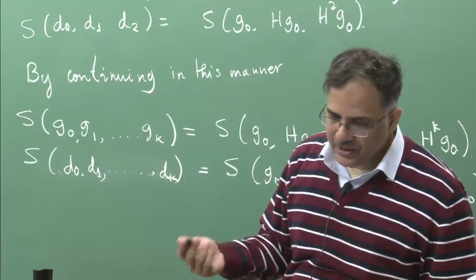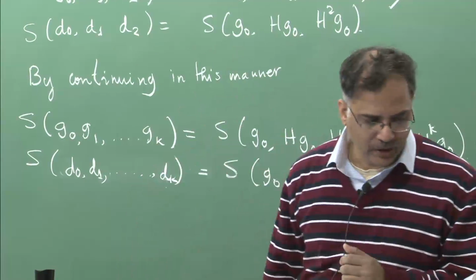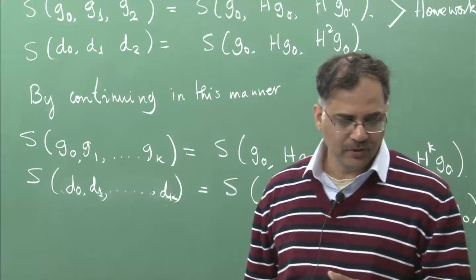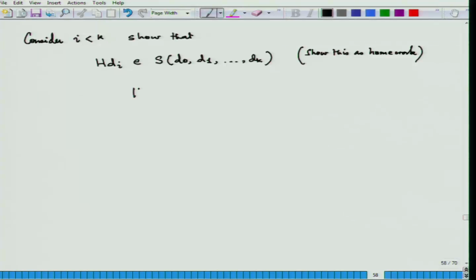So, h d i becomes an element of that, and so hence we can show that h d i can be written as, you have some scalars a i, i equal to 1 to k. This is how it happens, a linear combination of this.